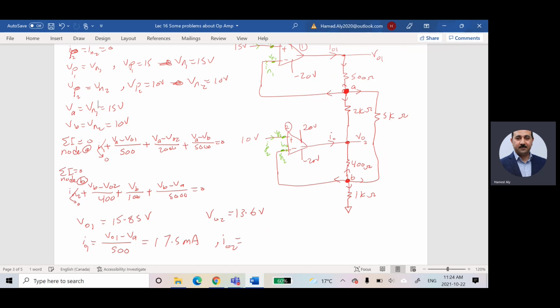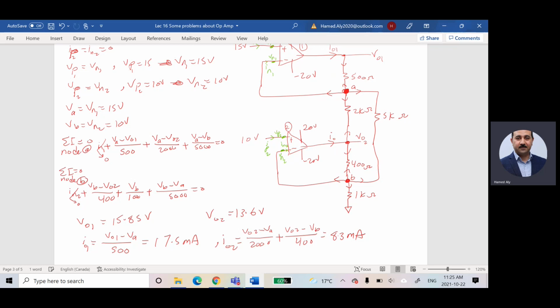It is equal to what? It is equal to this plus this, right? So this current is VO2 minus VA divided by 2000, plus this current is VO2 minus VB divided by 400. So this guy should be equal to 8.3 milliamps.